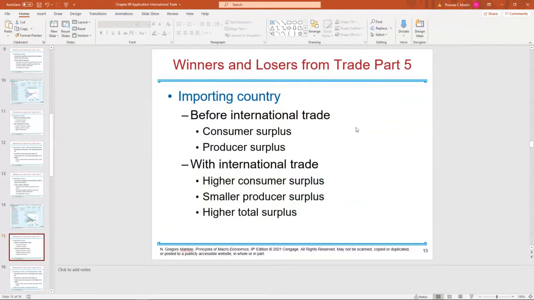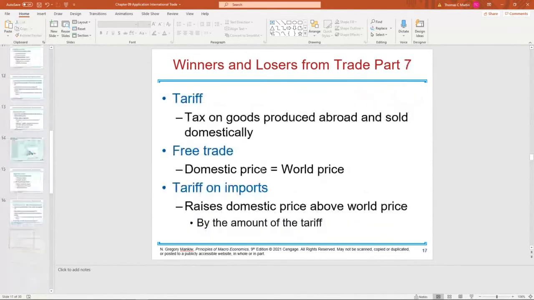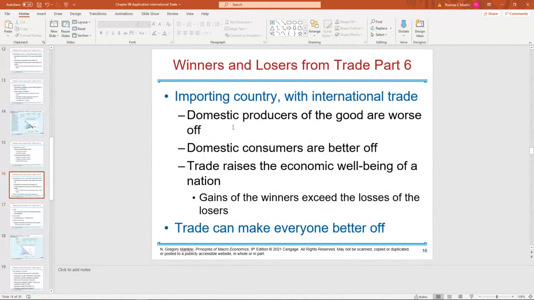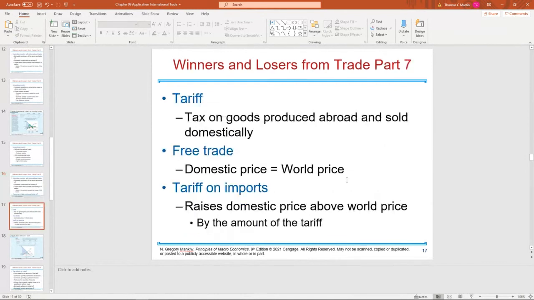The importing country, before international trade, we have just basic consumer and producer surplus. With international trade, higher consumer surplus, smaller producer surplus, and higher total surplus. This is stuff we've already talked about. Now, tariffs.